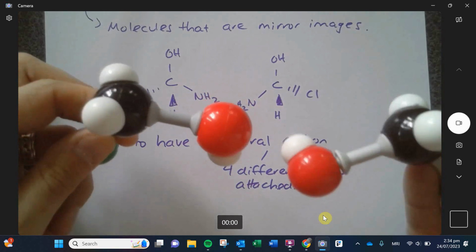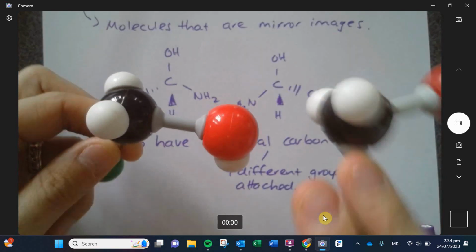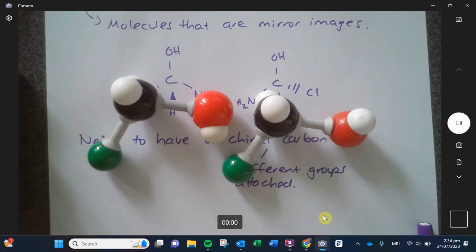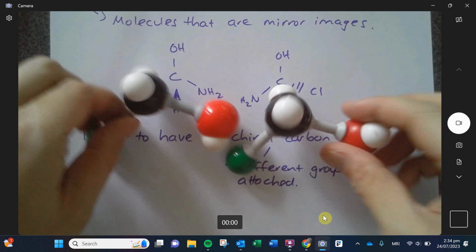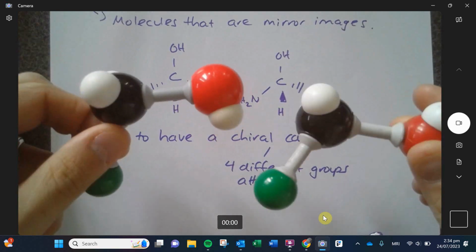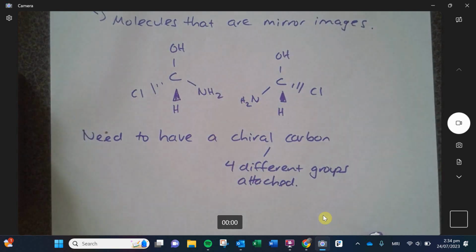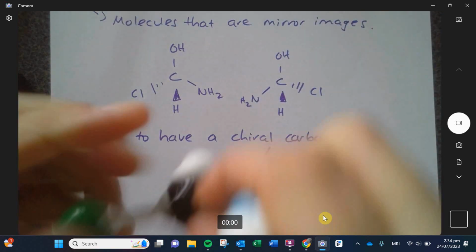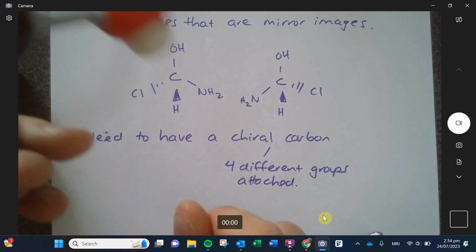And this guy, if I rotate it, I can't actually get it to be the same molecule. So this one's not going to form mirror images. Can you see how I rotated it and now it's the same molecule? So it needs to have 4 different things like that. Once it has 4 different things, then it can do it.